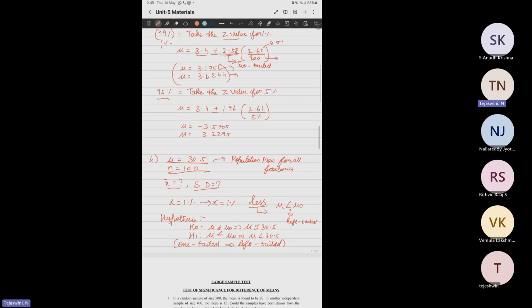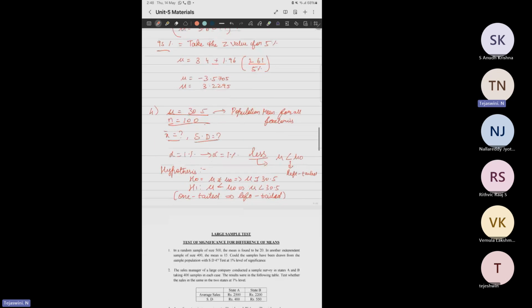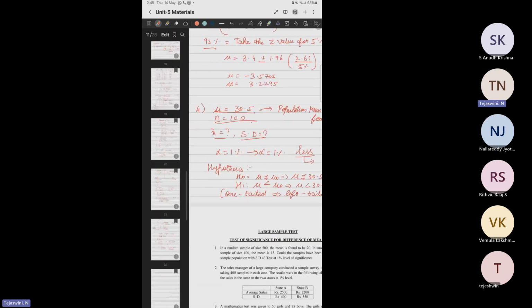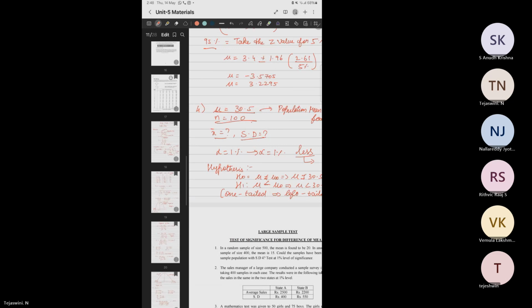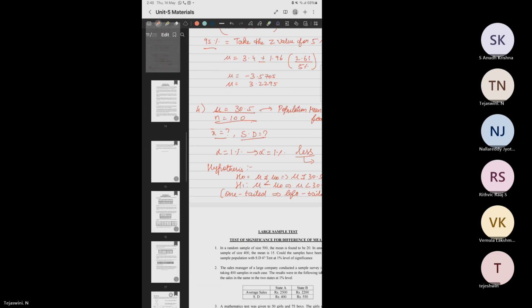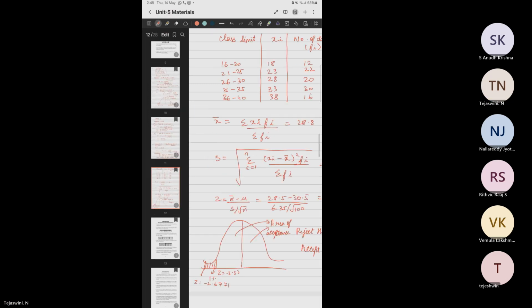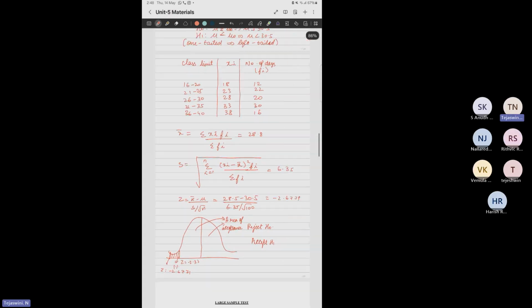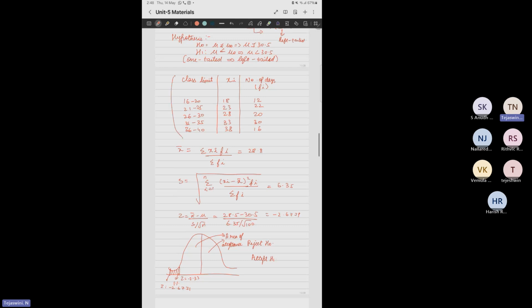So how to find the sample mean and standard deviation for this sum? This was the table that was given to us, and then we have to find the x value, that is the average of the lower limit and the upper limit. 18 will be 16 plus 20 divided by 2, the average of these two.